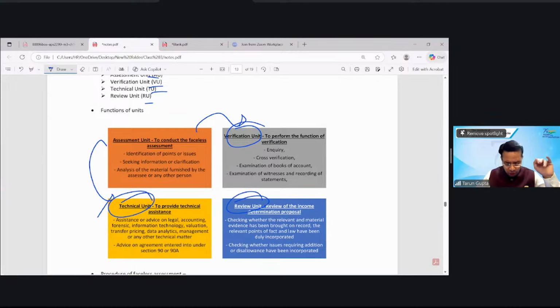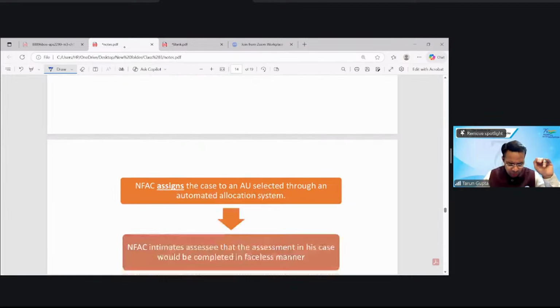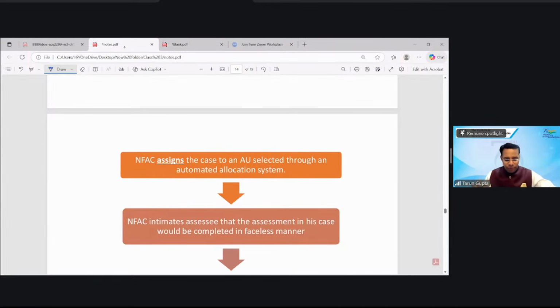So all communication is through NFAC. NFAC assigns the case to an AU whenever a case is open for scrutiny assessment, for any type of assessment. The AU is selected through an automatic allocation system, through the computer, so there is no human intervention.